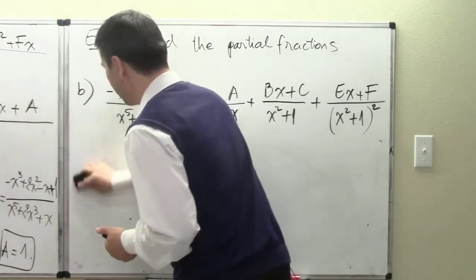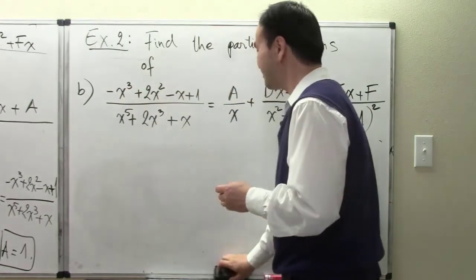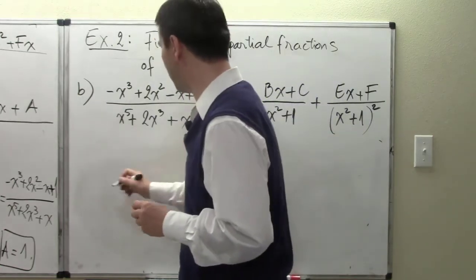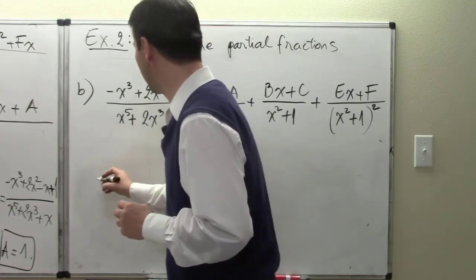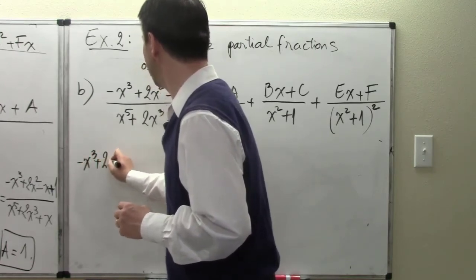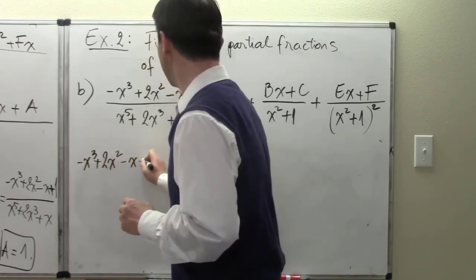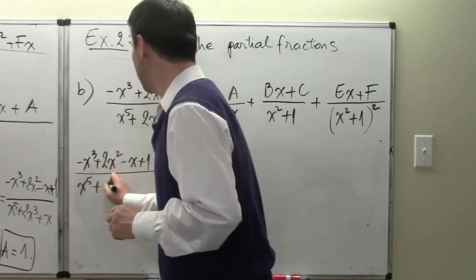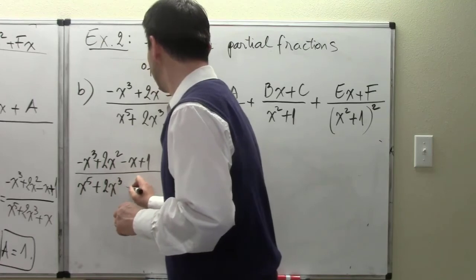So now I have to temporarily put this away. All right, so now our final expression is going to be as follows. This minus x cubed plus 2x squared minus x plus 1 all over x to the 5th plus 2x cubed plus x.